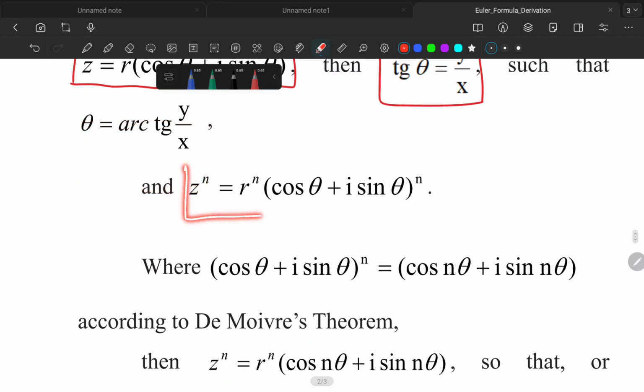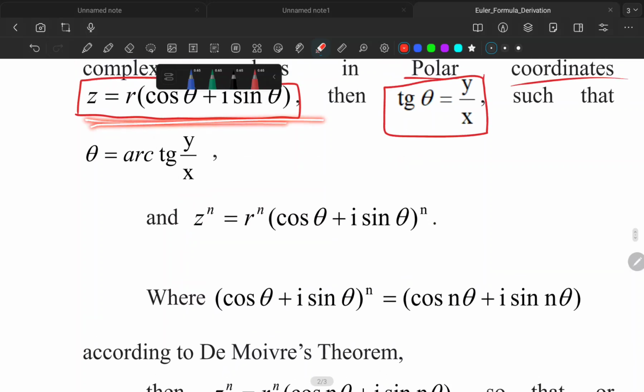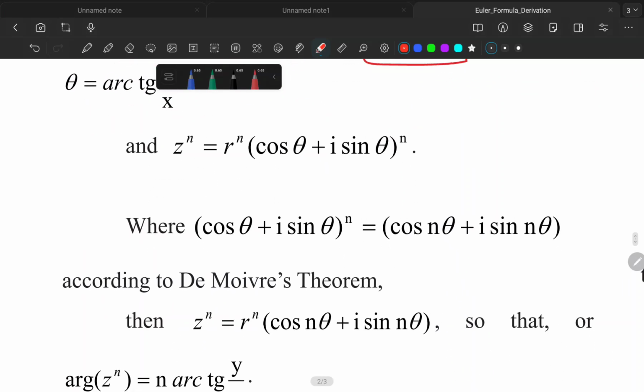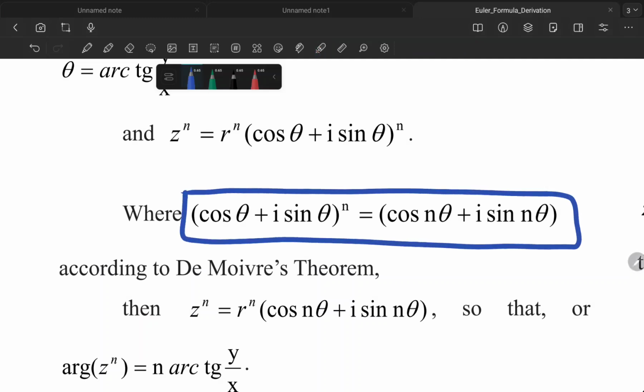Okay, and let's say we take the power of n on both sides of this equation. According to De Moivre's theorem, well, I don't have much idea about what De Moivre's theorem is, but let me try to digest it by myself. This is the equation that De Moivre's theorem says.